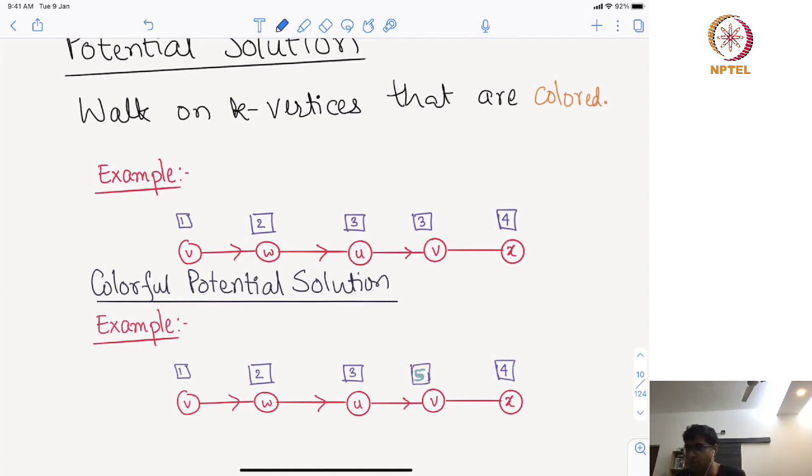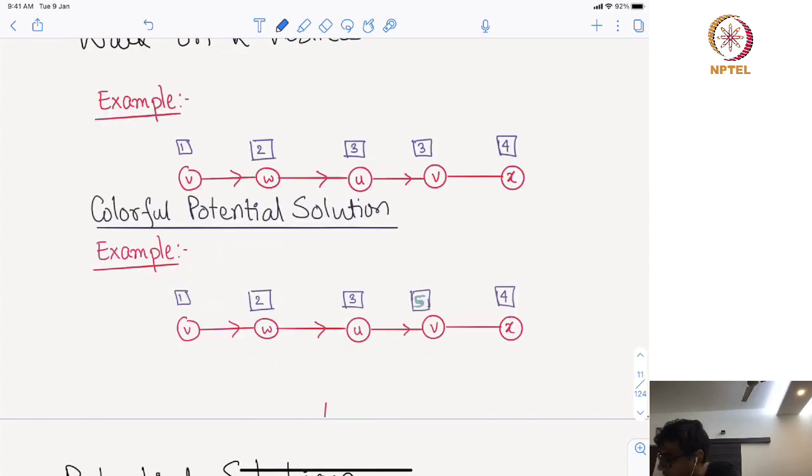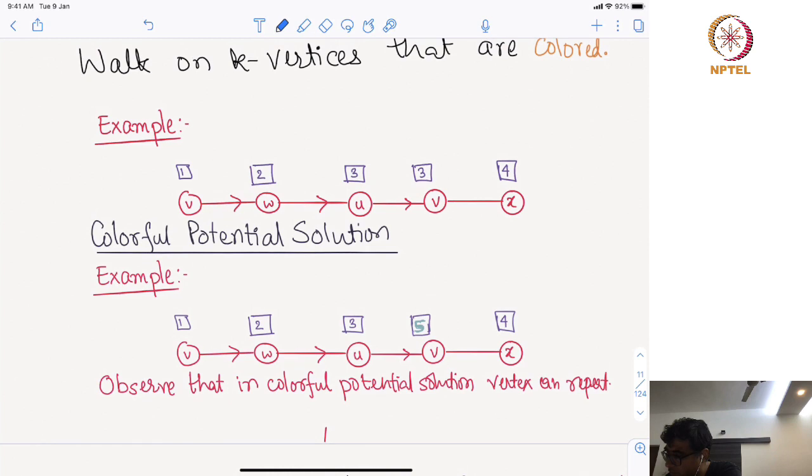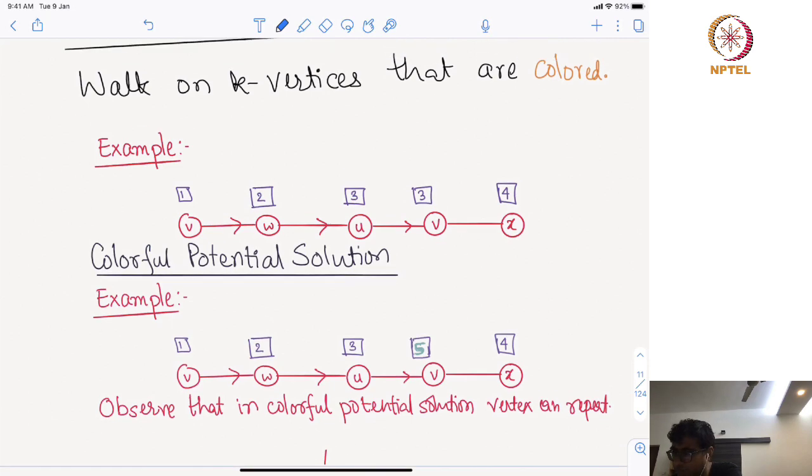So this is what a colorful potential solution is. Although, an important point: in a colorful potential solution a vertex can also repeat, because ultimately we are still talking about a walk. It's just that every occurrence of a vertex gets a different color. When you are watching this video, pause for a second and absorb this definition.